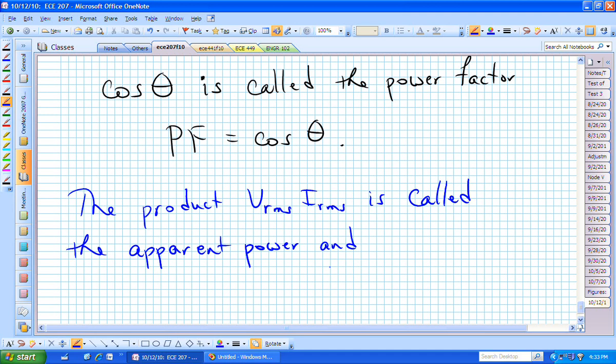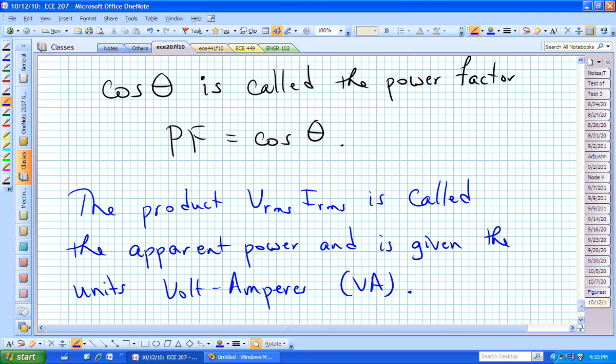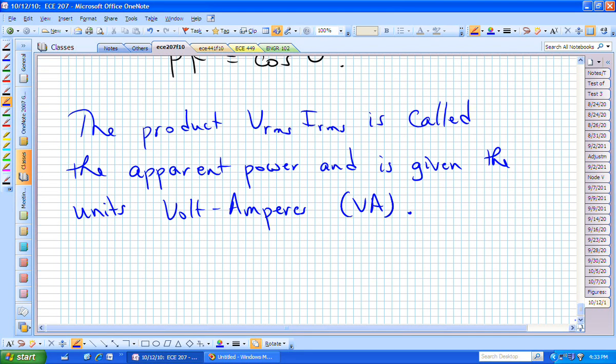But this apparent power is given the units volt amperes, or VAs. Different from volt amperes reactive, which is the imaginary part. This apparent power is basically the magnitude of your complex power, V times I.